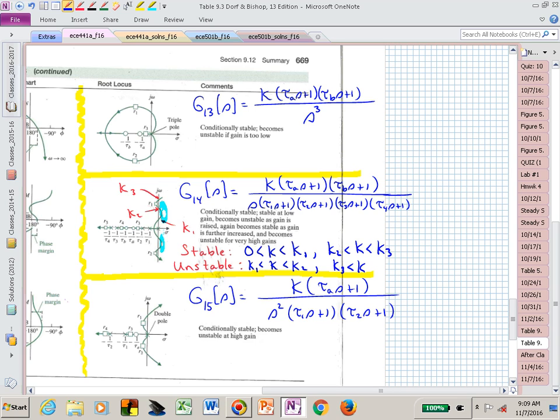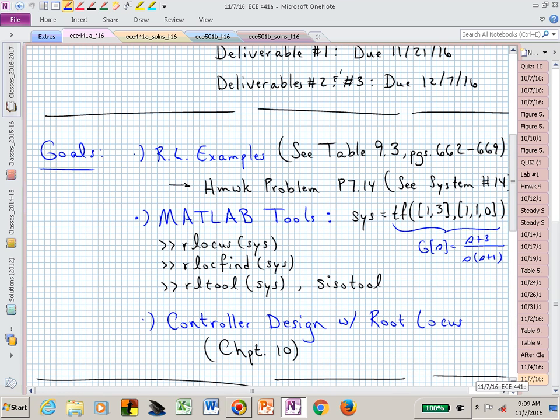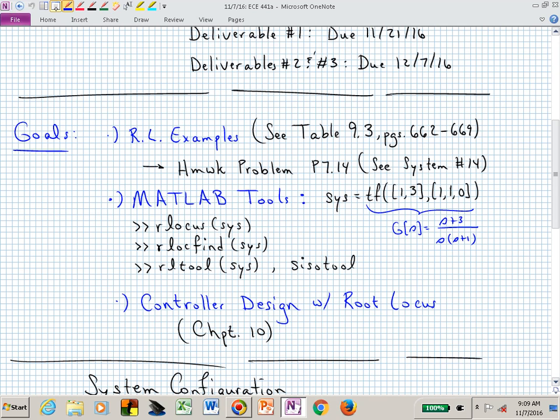That's what's happening at these particular transition points. And that might be helpful in problem 714. And in particular, that was system number 14, G14, in the textbook table 9.3.